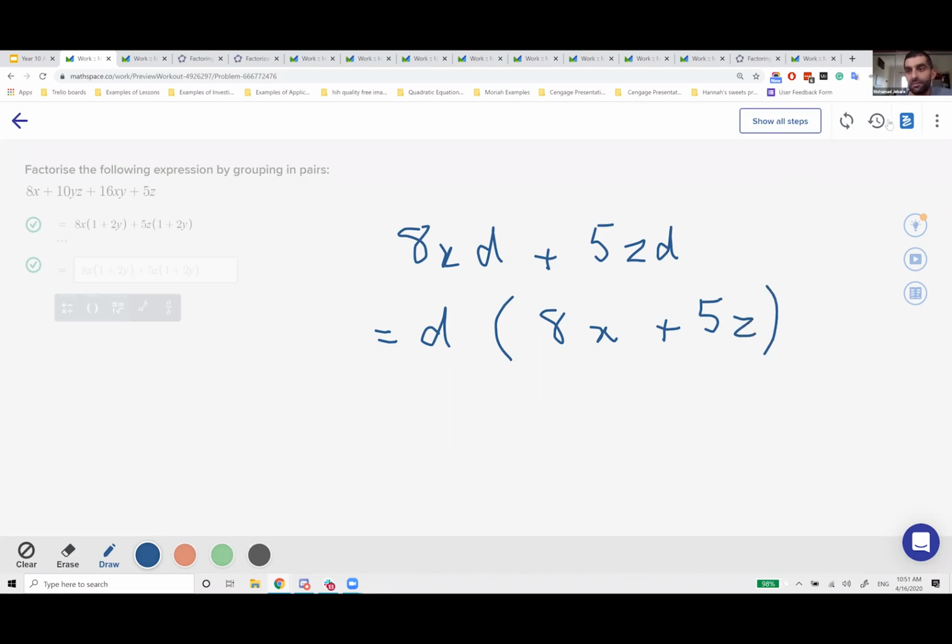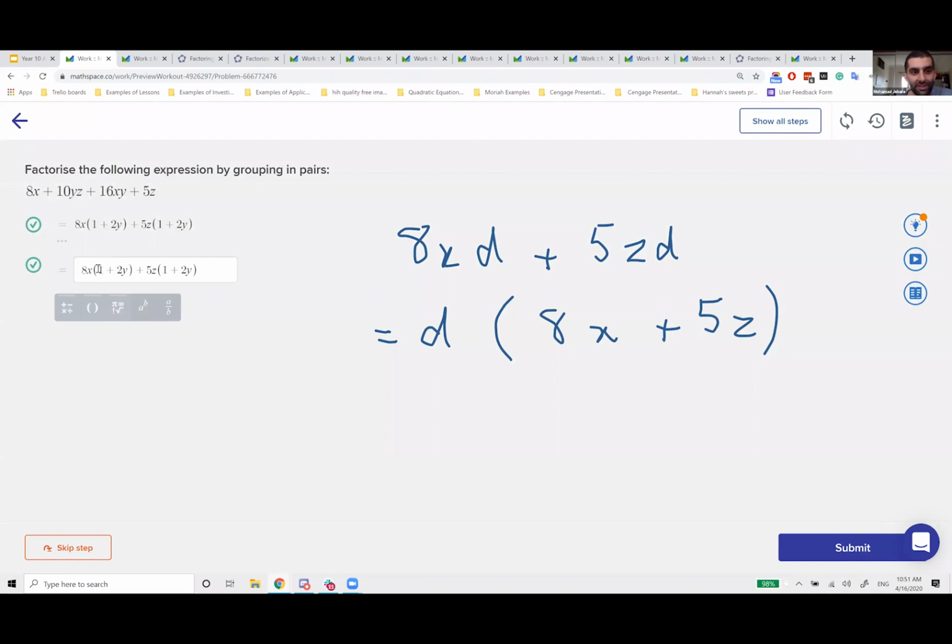So in our case, don't be concerned about the 1 plus 2y being a binomial expression. It doesn't matter. You can think of it as just a common factor. Just like I pulled out the d here, in this case d is 1 plus 2y, and what's left is the 8x plus the 5z. And so I have managed to find the factors.